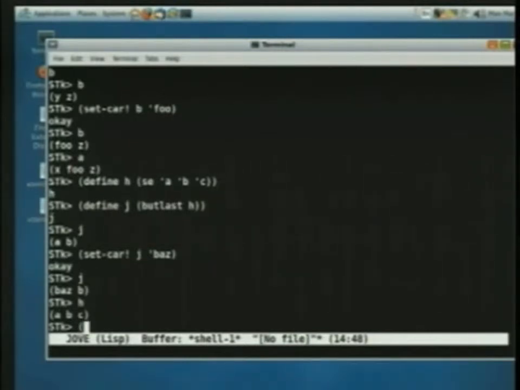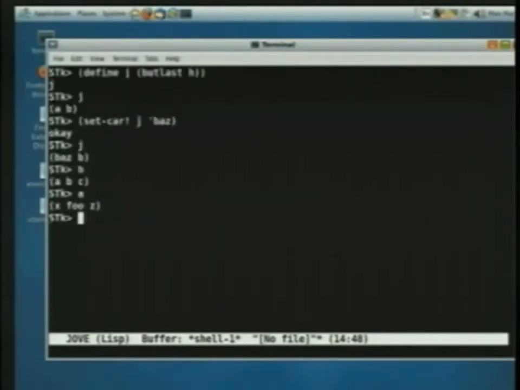So if I say, here's A, here's B, equal? B, cdr of A. Is that true? Yes, it's true, because cdr of A is (foo z) and B is (foo z).